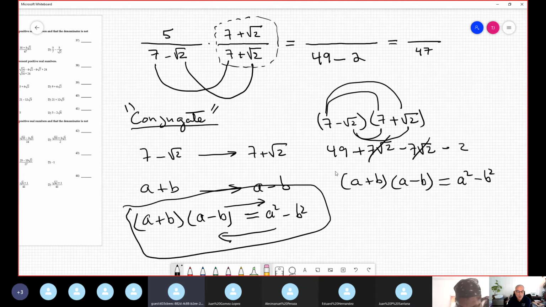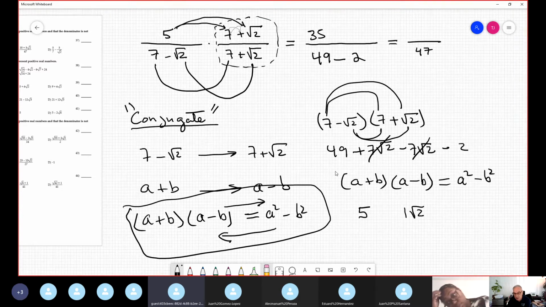In the top, well, the top is easy because it's monomial. You multiply like that, like a distributive property. Okay, you multiply 5 times 7, 35. And be careful. This is the first time I explain this. When you multiply, for example, whole number, 5, multiplication by radical 2, you consider here we have invisible one.